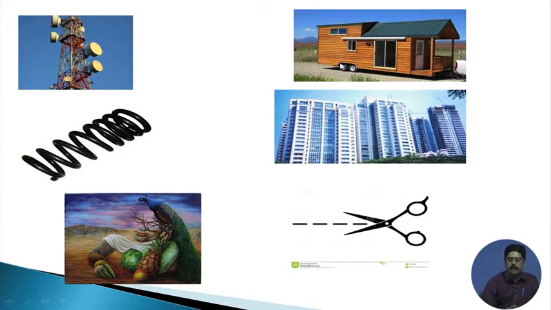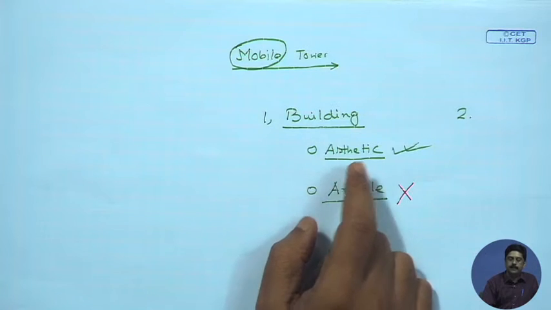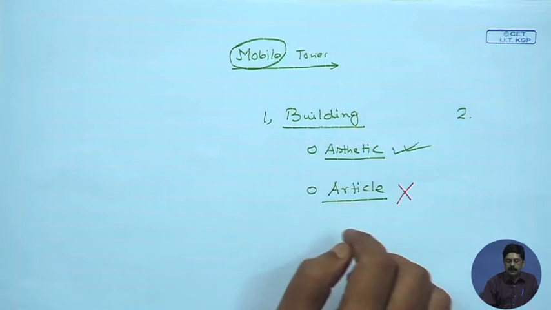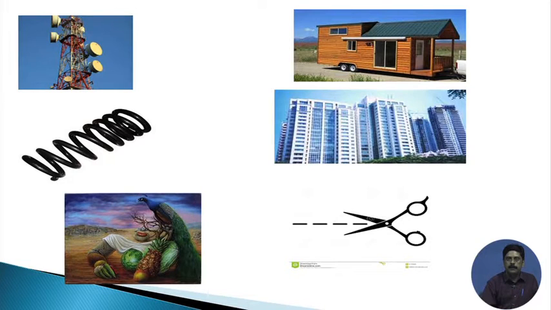I told this building is aesthetic, qualifying the definition of design, but this is not an article. So, what people have done for getting it registered under industrial design is they have made that building transferable, meaning the building can be made and sold independently, it should be physically transferable.